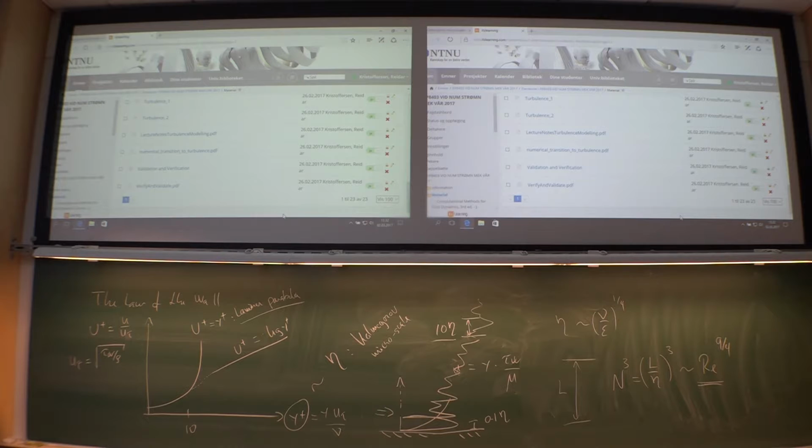We have started turbulence 2. We are missing the final part there about DNS. Before I take that one, I want to have a peek into this article, Numerical Transition to Turbulence, so you get an idea what the DNS actually is.